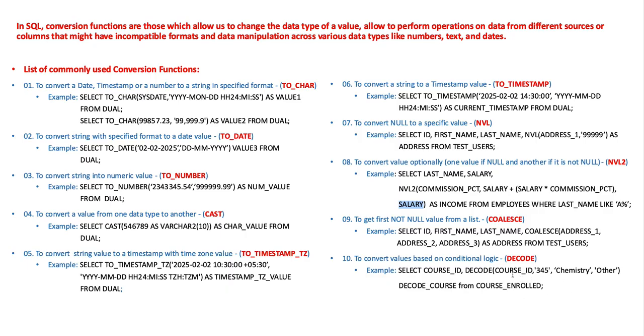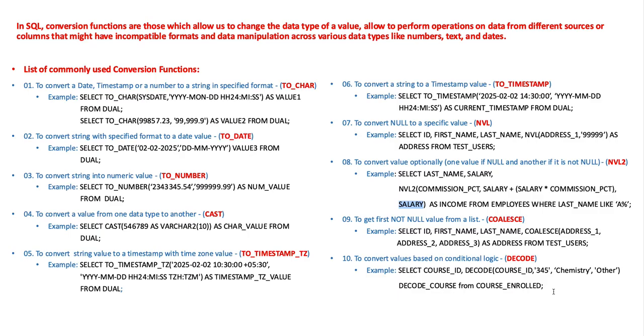That means if the course ID is 345, change that value to chemistry. If the value is different than 345, then name that value other. In this way, we can use conversion functions in SQL.